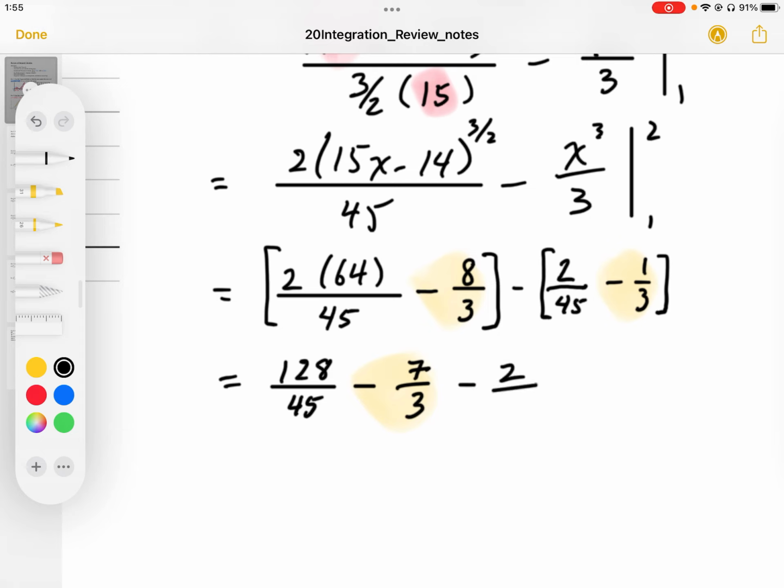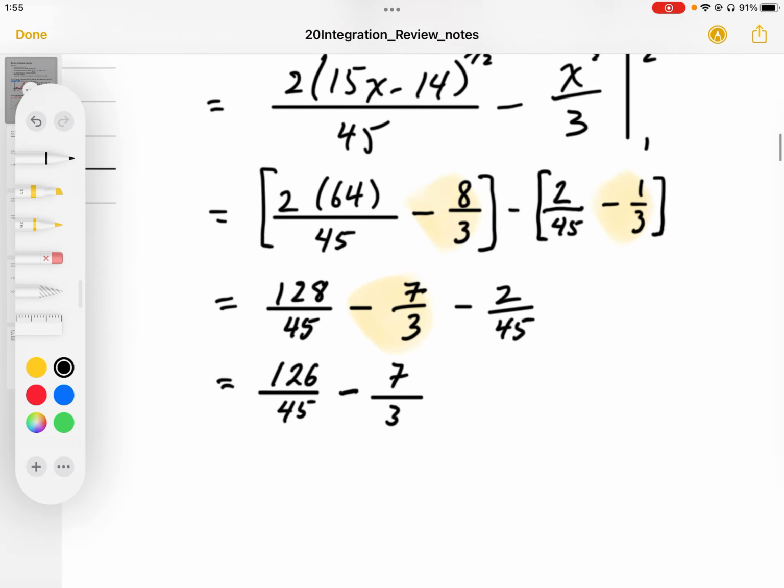Minus 2 over 45. Okay, I'm going to end up with 126 over 45 minus 7 over 3. Okay, so get a common denominator here.